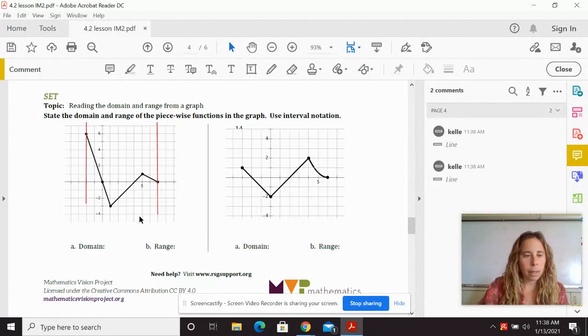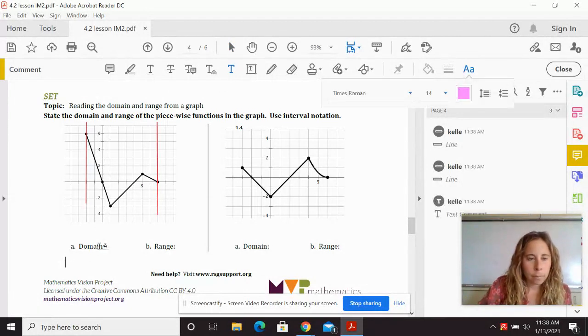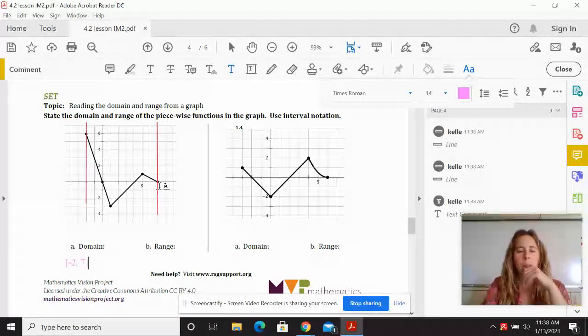So our domain goes from -2, and you're going to use a bracket, -2, all the way to 7. So that's your domain. From x equals -2 all the way to 7.